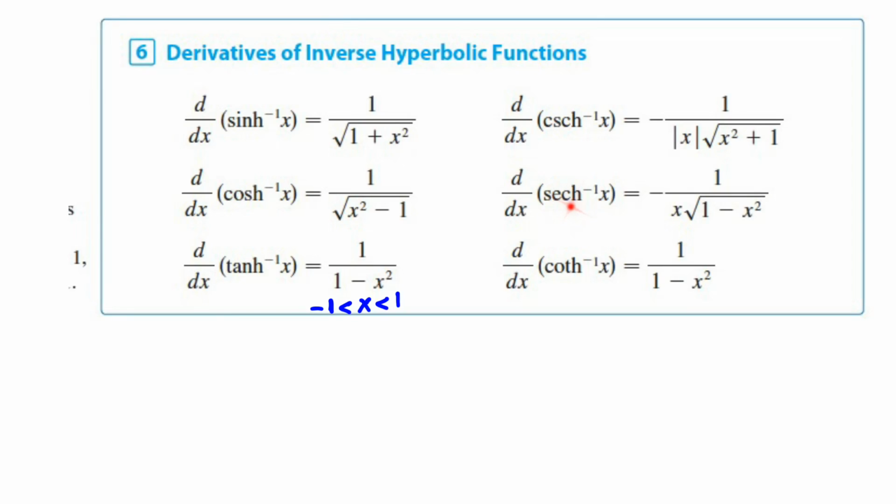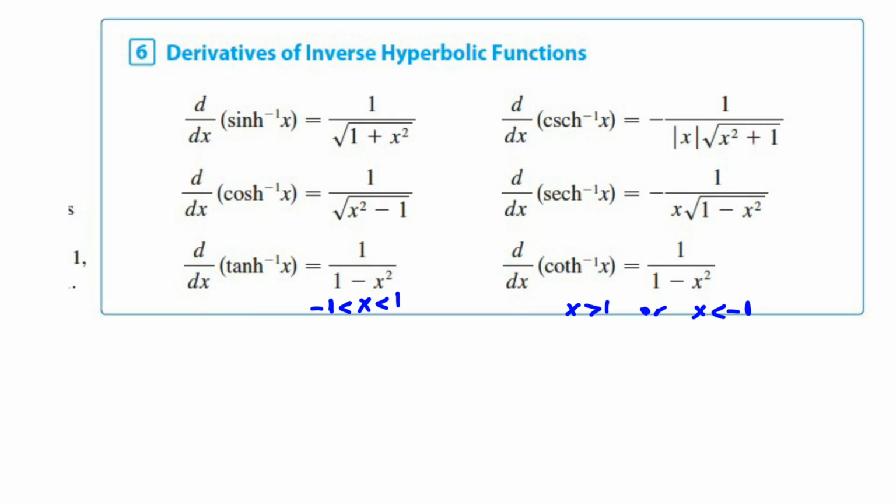Derivative of sech inverse of x is negative 1 over x square root of 1 minus x^2, and derivative of coth inverse of x is 1 over 1 minus x^2, and in this case x is either more than 1 or smaller than negative 1.